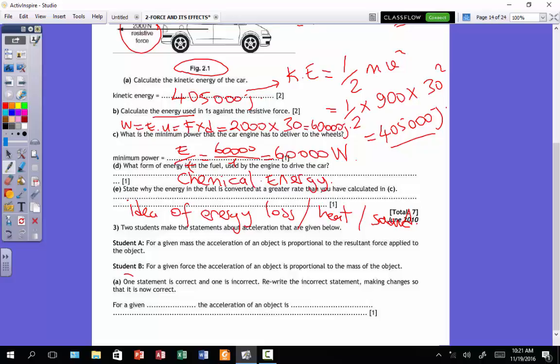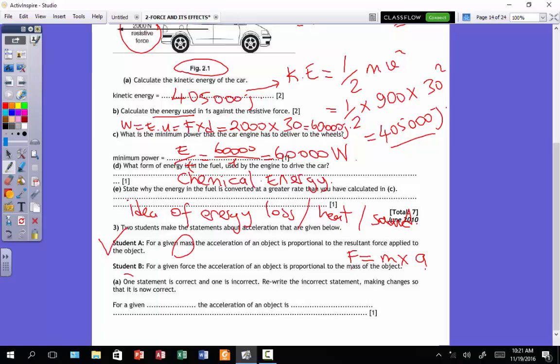We know that force is equal to mass times acceleration, so for a given mass, the acceleration is proportional to the resultant force. When you increase the acceleration, you increase the force. When you decrease the acceleration, you also decrease the force. Student A is correct.